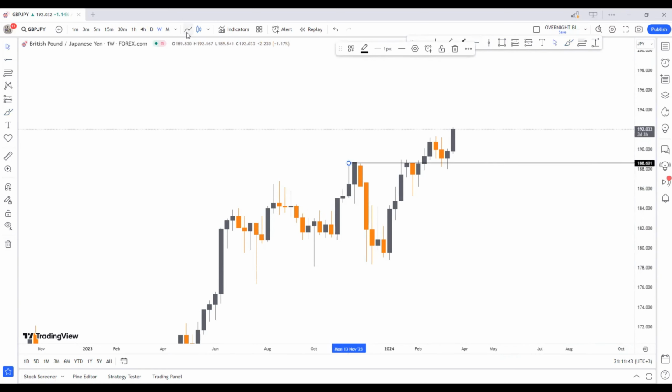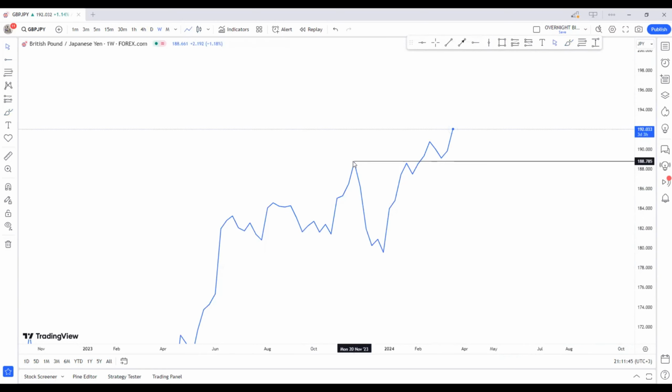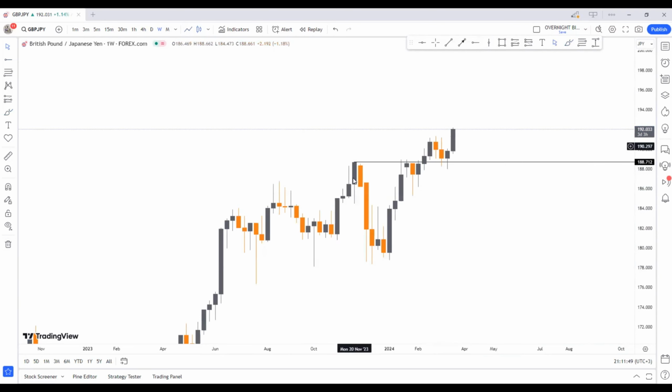You can put on a line chart like this and see where your candles are aligned. So simply we had a breakout. We can call it a support and resistance breakout structure.